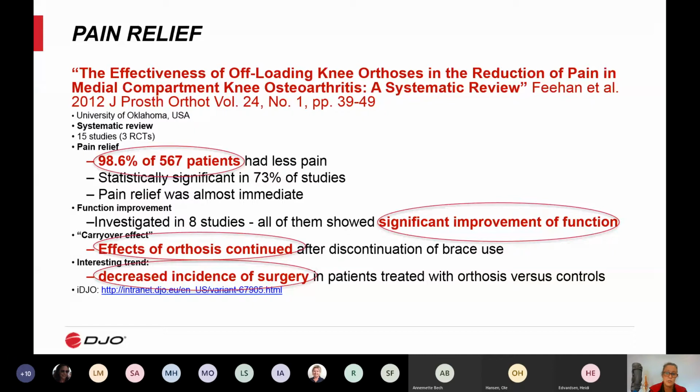And if the function is good, then the patient can move more. And if the patient can move more, they will lose weight, and that will help the knee pain. What they also discovered was a decreased incidence of surgery in patients that were treated with OA braces. So actually you can push the OA operation further, so you don't have to be operated on before it's absolutely necessary.